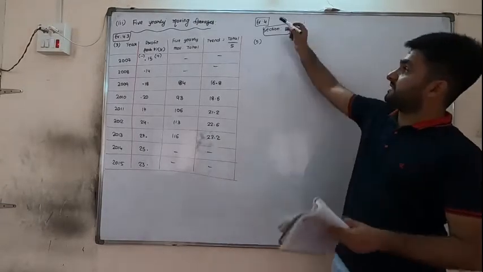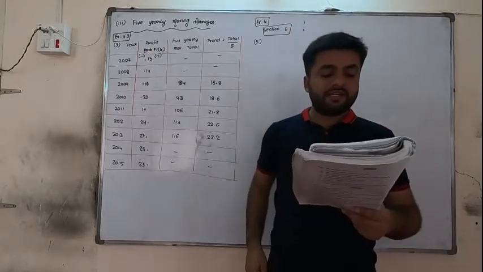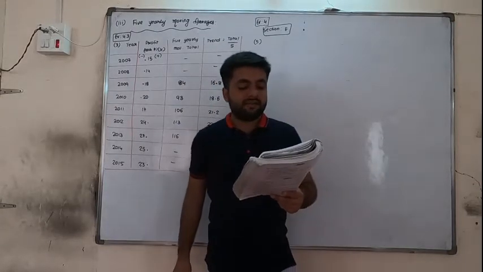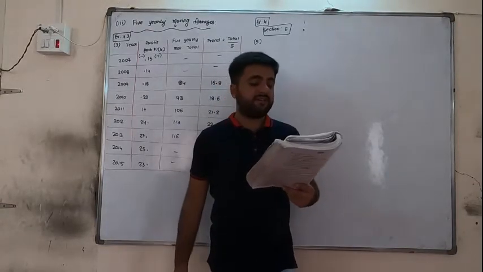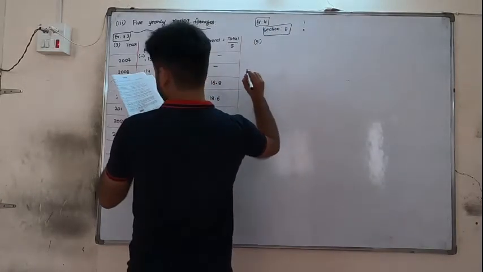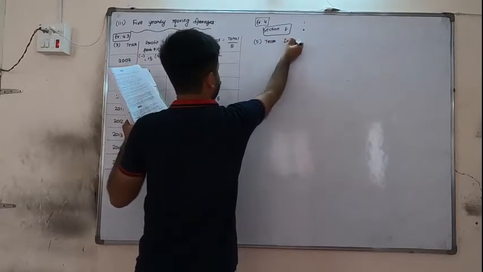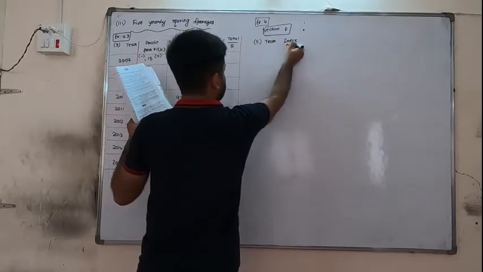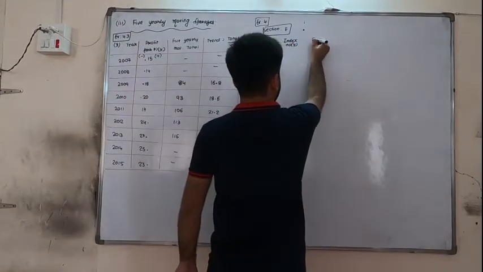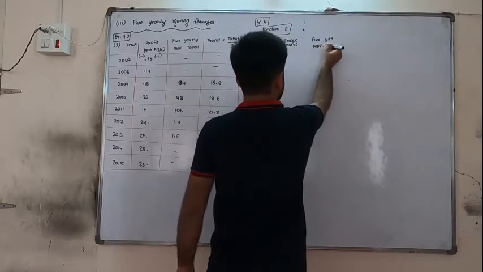Okay, so exercise 4, section E, 5th sum. The quantity index numbers of consumption of edible oil in a state are given in the following table. Find the trend using 5 yearly moving average. Columns: year, index number, 5 years moving total.